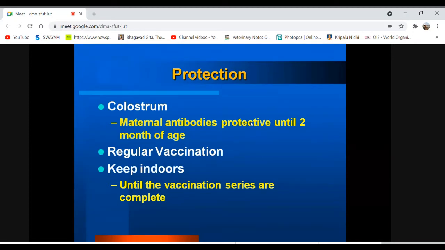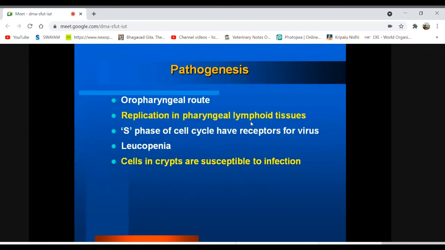So you have to go for regular vaccination and keep the dogs indoors until the vaccination series is complete. Otherwise, there is a great chance of contracting this infection or disease. And coming to the pathogenesis, infection happens mostly through ingestion of contaminated food and water.